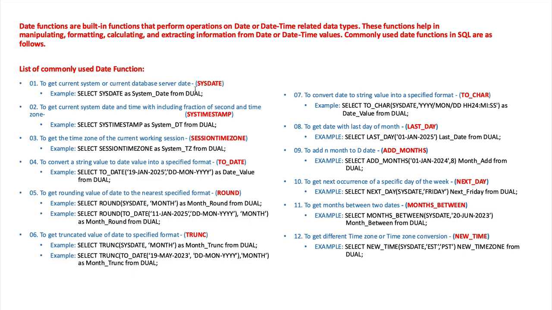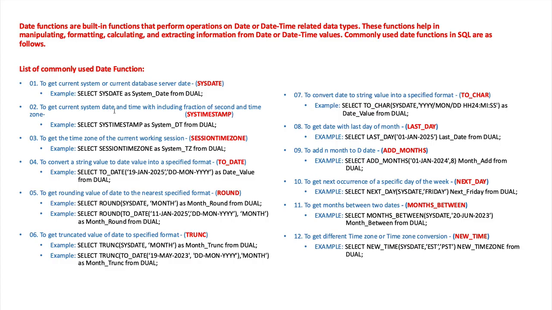First date function is sysdate, that is system date. To get the current system or current database server date, we use the sysdate function. We have examples. I will run those examples in our Oracle developer window and observe the result. Second function is the system timestamp function, or systimestamp.